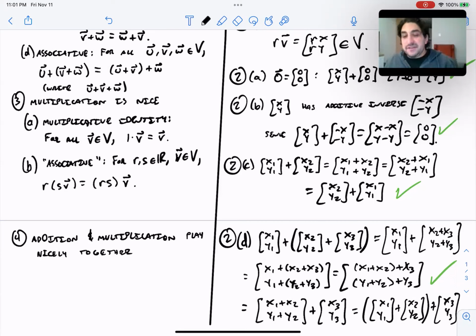It's nice to think of it like an associative law because it's sort of shifting parentheses, just like we had for addition, right? What's different here is that on the left, we have a scalar multiplication of a scalar by a vector, and then we have another scalar multiplication of a scalar by a vector.